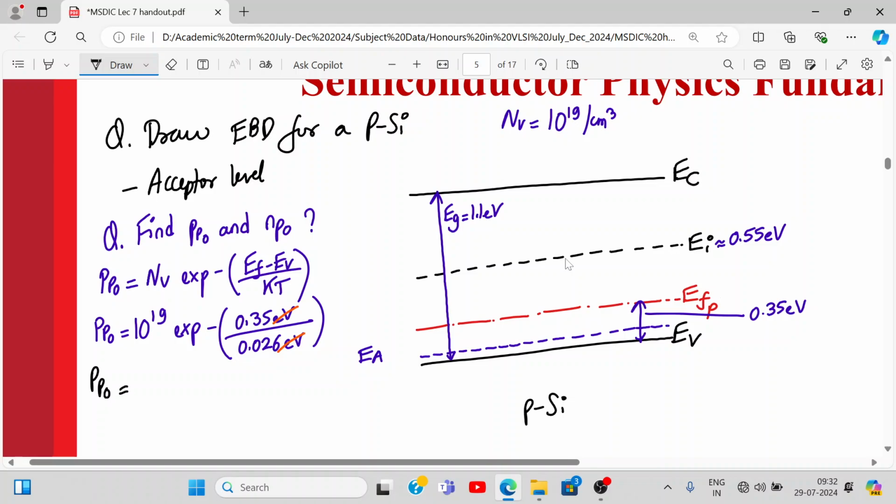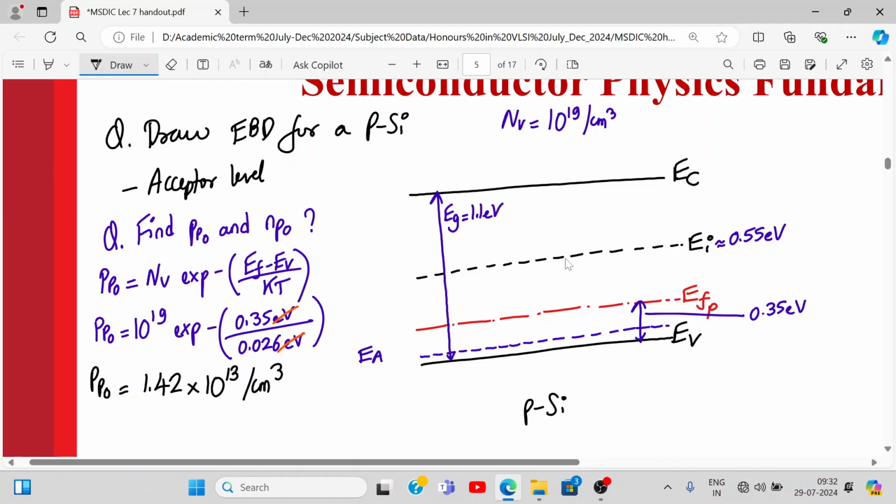This is exponential of minus of, about 13.46, so 1.42 into 10 raised to 13.